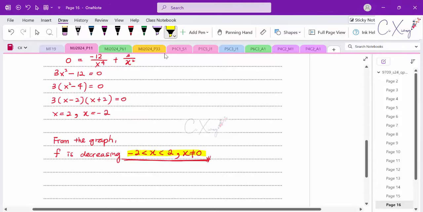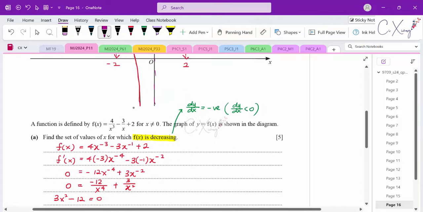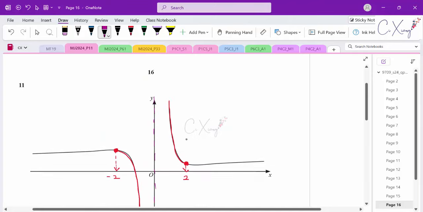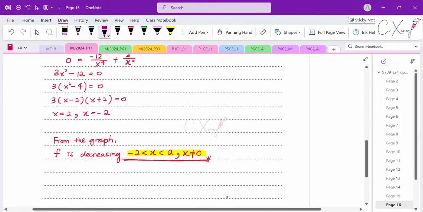Or if you want, you can separate it into two parts, because you can see quite clearly that for the first part of the graph it is decreasing from -2 until 0, but doesn't include 0. Then for this part, it is from 0 until +2, but it doesn't include 0 as well.